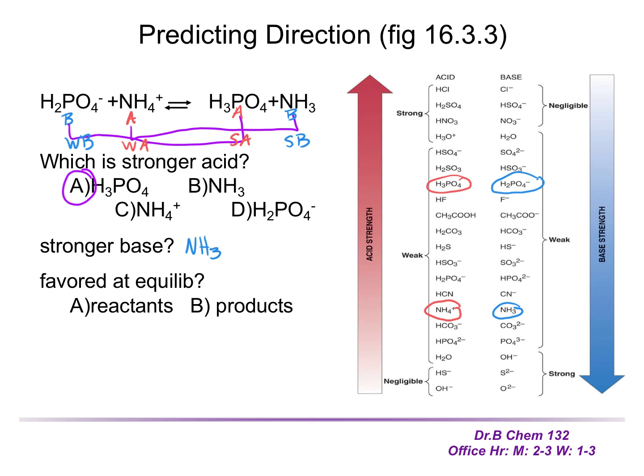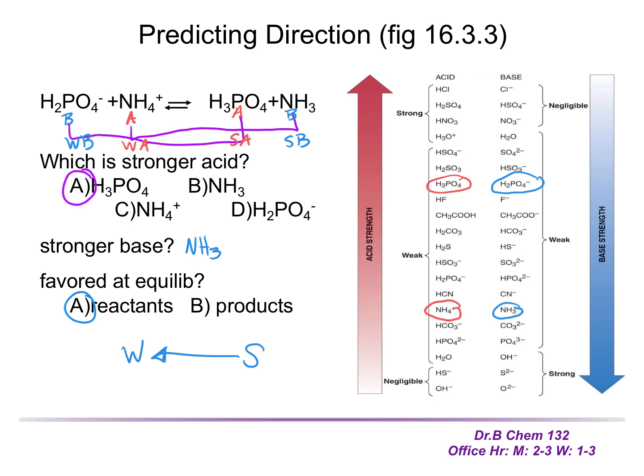Okay, so results are in, and the majority is correct that reactants are favored at equilibrium because we go from strong to weak. So we're going from the side of the reaction that has the stronger acids and bases to the side that has the weaker acids and bases. Okay.